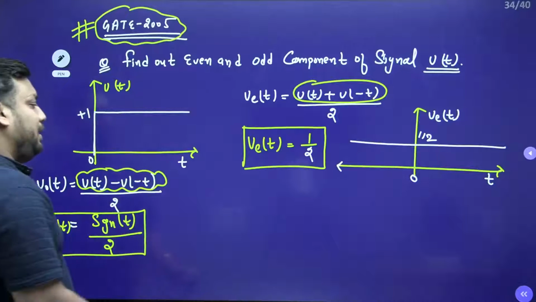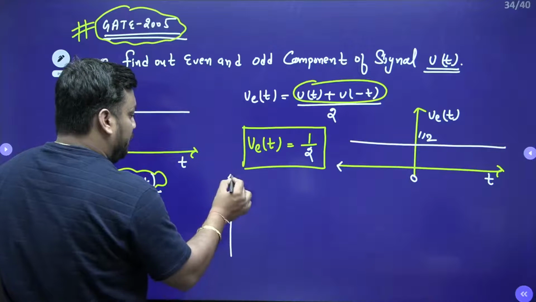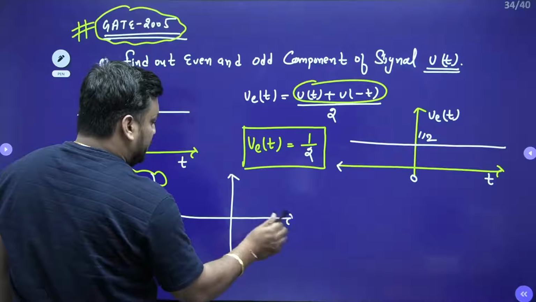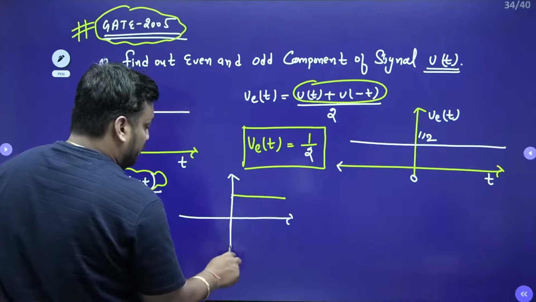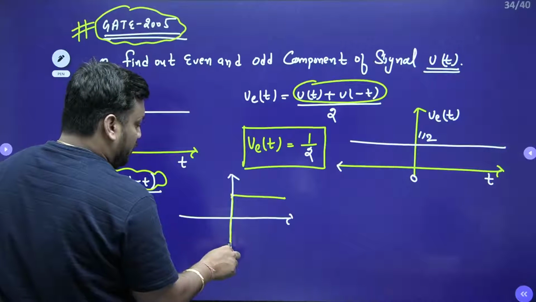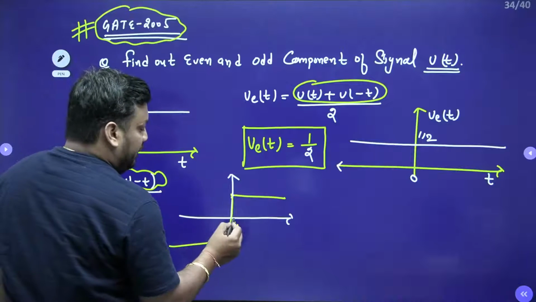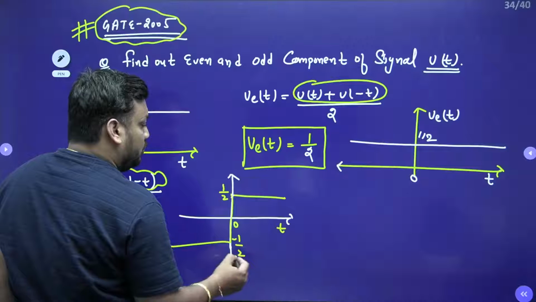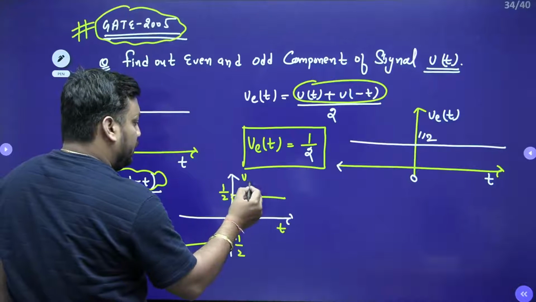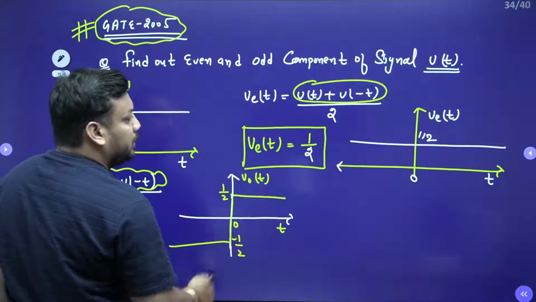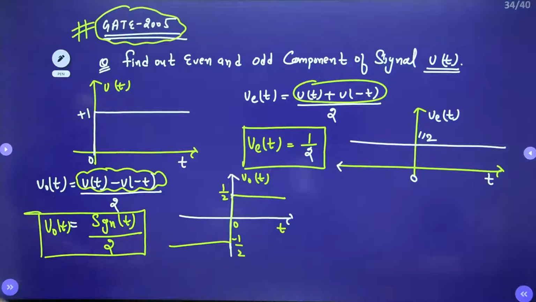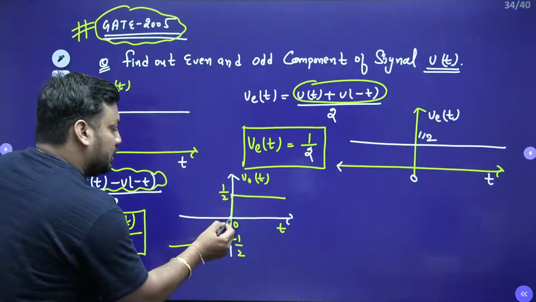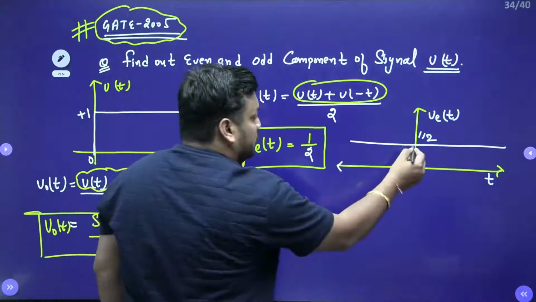So if I make a signum signal and make the amplitude half, the signum signal will look like this. Here is plus half, here is minus half, with respect to t. So here you will get u odd part of t with respect to t. So u odd part of t looks like an odd signal, and u even part of t also looks like an even signal.